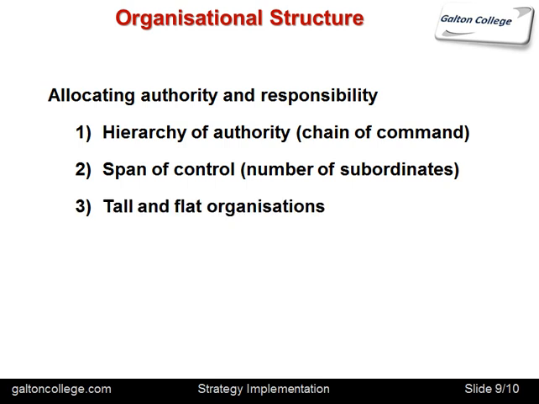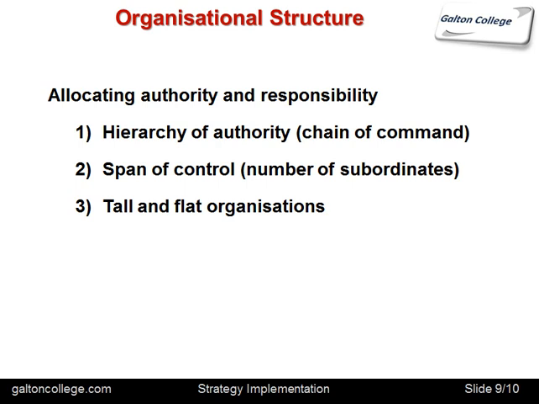And as I said, a lot of this will be to do with the tall and flat organizations. What sort is appropriate? How much output goes through per week or per month? What's the complexity of the output? What's the value of the output? What are the logistical issues associated with the output?